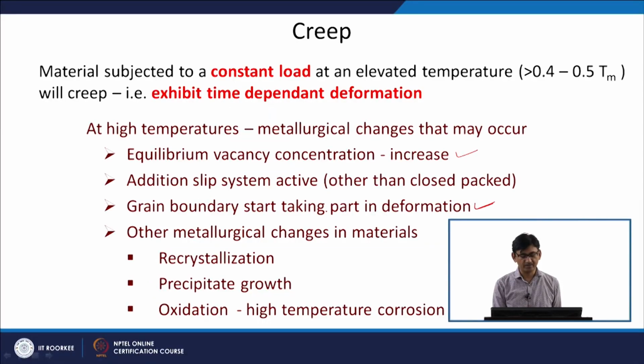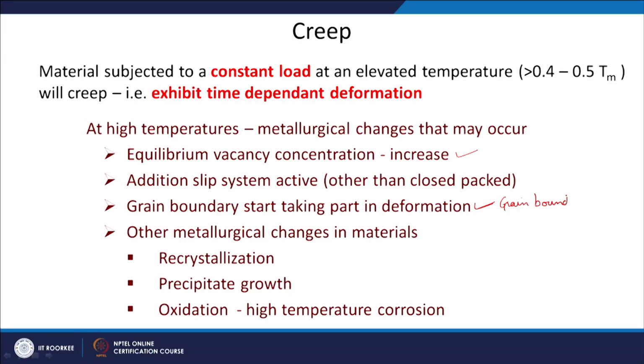So, at high temperature, it is not necessarily that you will have only deformation through dislocation movement through the grain, but the deformation can be through grain boundary sliding, which is what we call grain boundaries starting to take part in deformation, and the process is called grain boundary sliding.